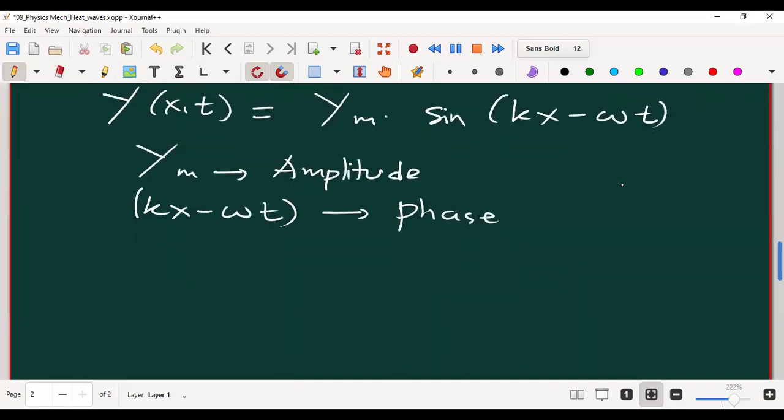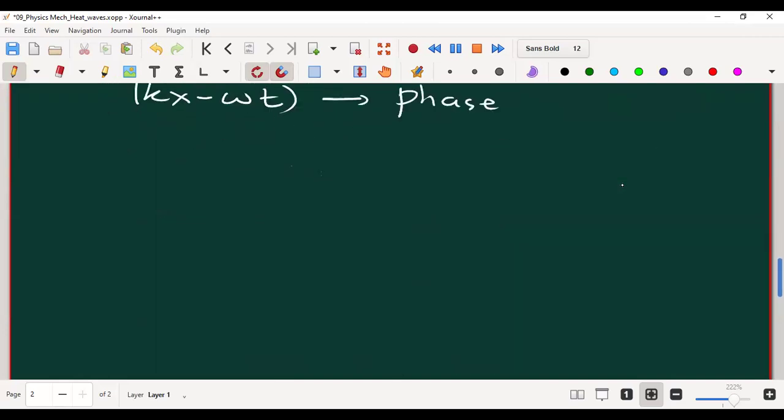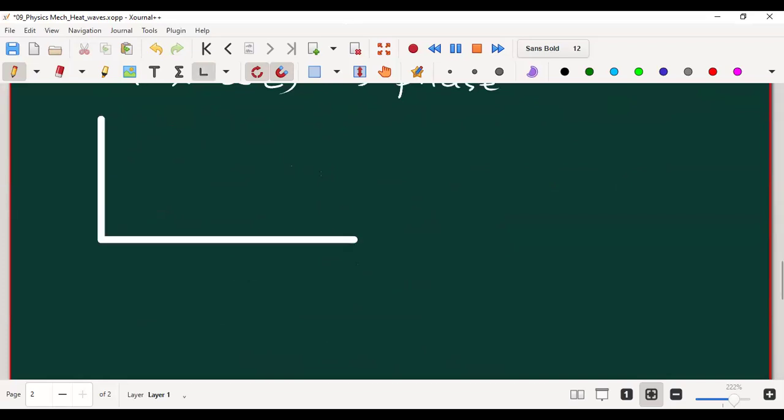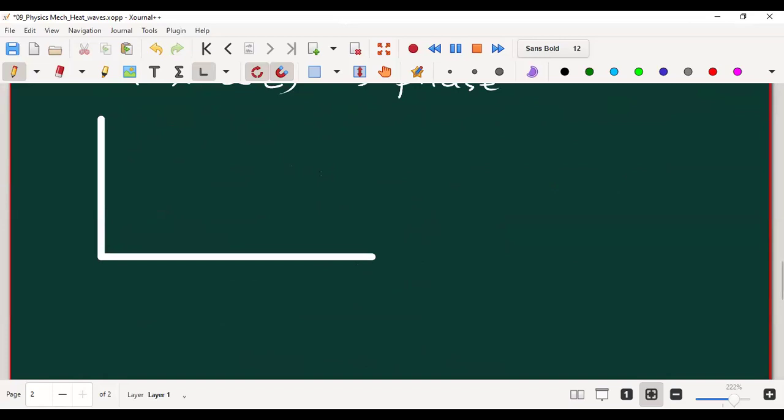And then we can imagine that if we have a sinusoidal wave, for example, this one, this is x1.